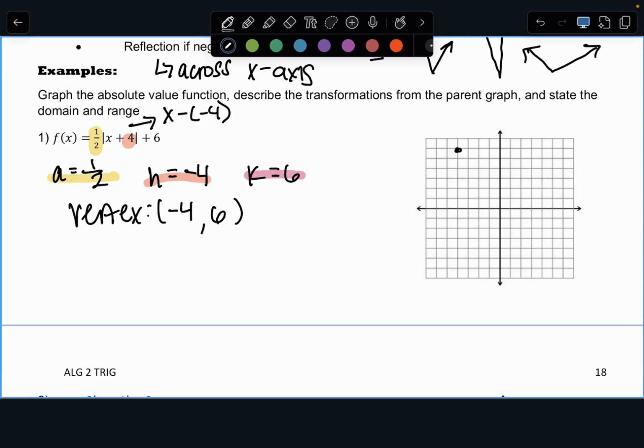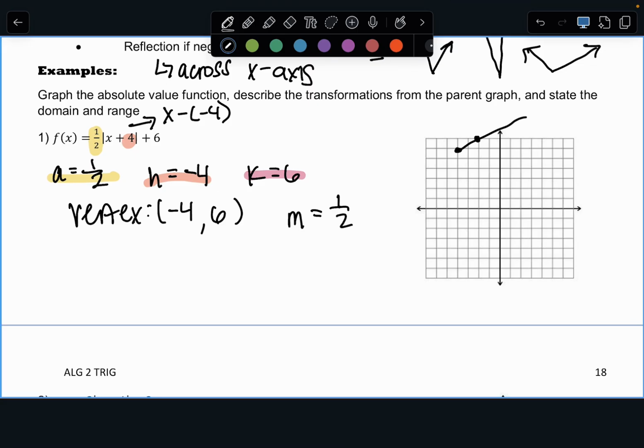-4, 6. And if I wanted to keep graphing, I can look at the slope on the right-hand side. Which value, A, H, or K, gives me the slope on the right-hand side? A. So the slope on the right-hand side for this one is? 1/2. So I'm going to go up 1 over 1, or over 2, sorry. Up 1 over 2.